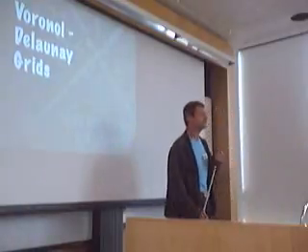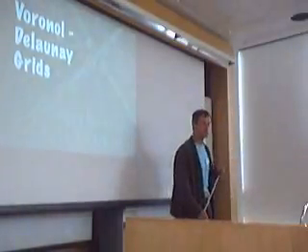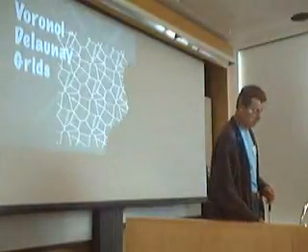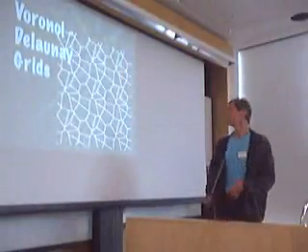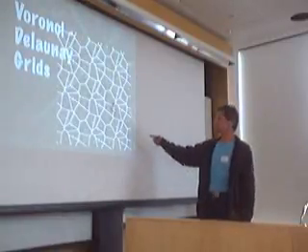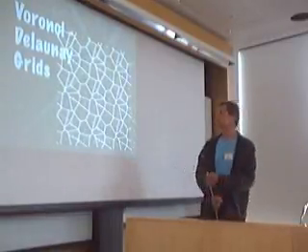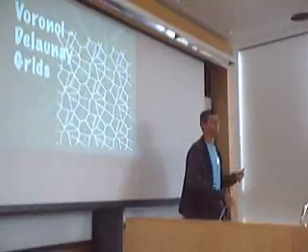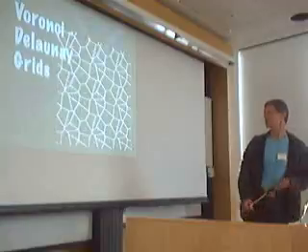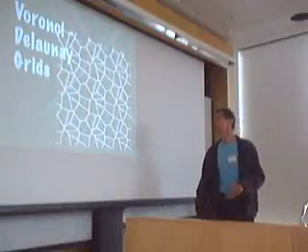Now, what I should like to advocate is the application of what are known as Voronoi-Delaunay grids. A Voronoi tessellation is made in the following fashion. You have a point process, points distributed over here. In this particular case, it's a Poisson process, so it's going to be random. And you have a distance recipe. That distance recipe tells you how far one point is from another.